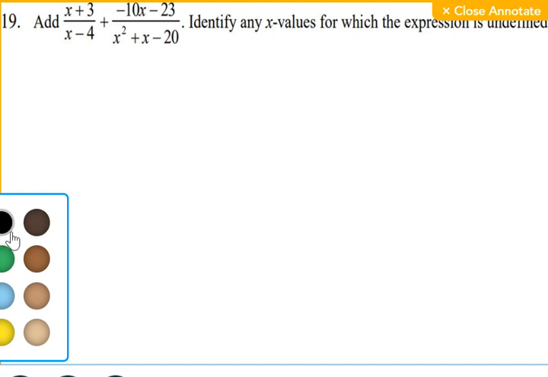We need to factor completely the denominators, yes? And then at the end we'll do the excluded values. So, can we factor the first denominator? X minus 4? No. How about x squared plus x minus 20? Yeah.